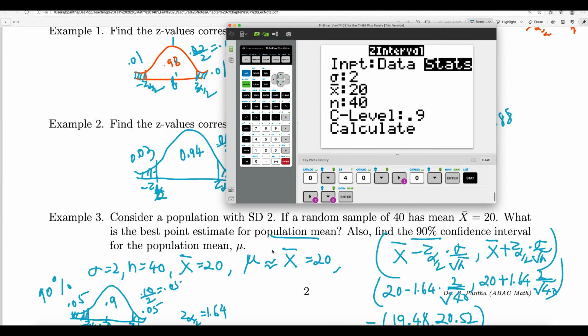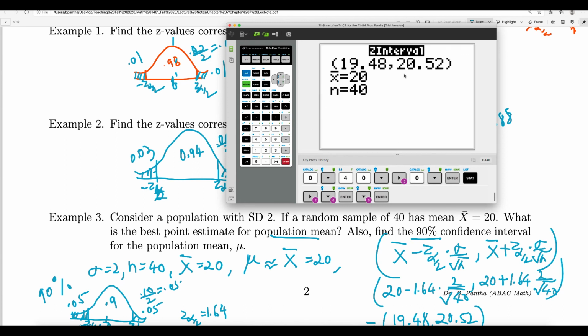If the data is given, then you pick data and enter the data in L1 or L2. But if data is not given, if the statistics like x bar, n, and sigma are given, then you go to stats and enter those given values there. Also pick the confidence level. In this case it is 90%, and I hit enter, calculate, and that's what you get.